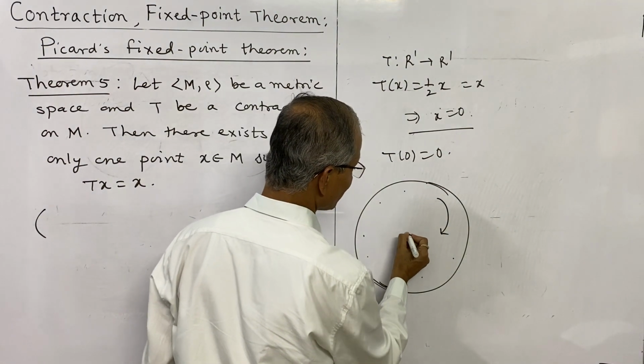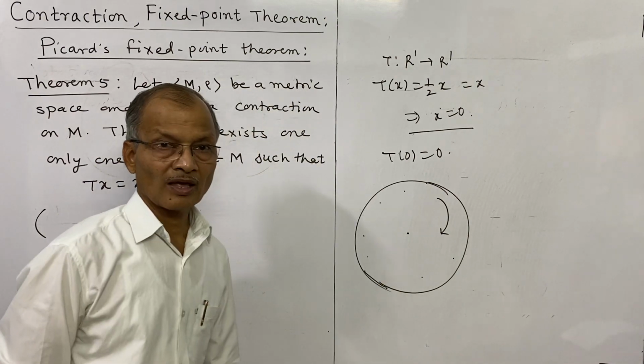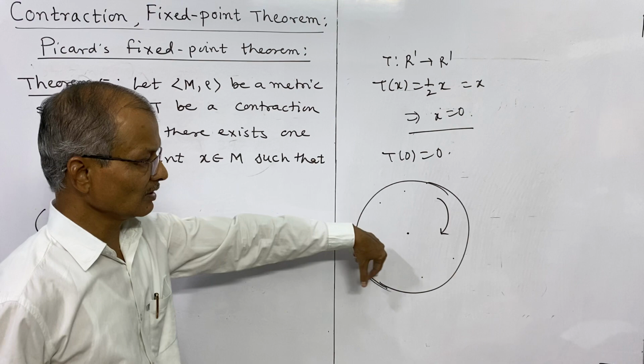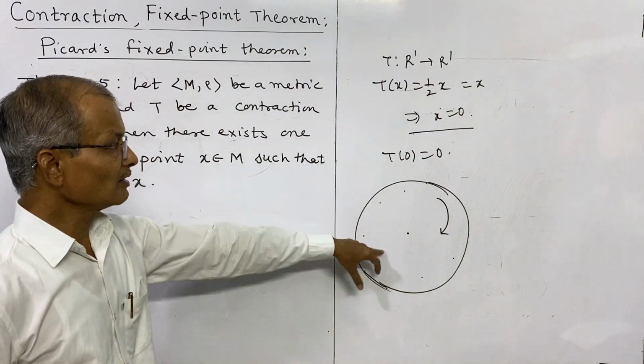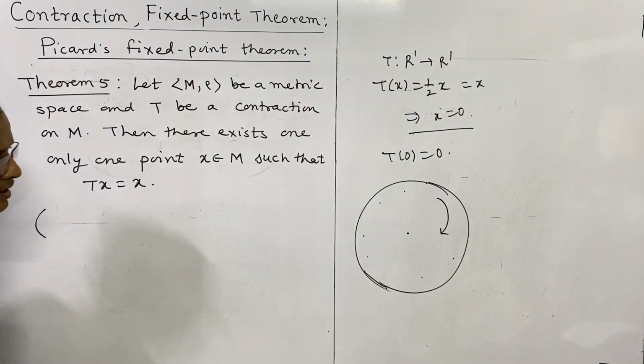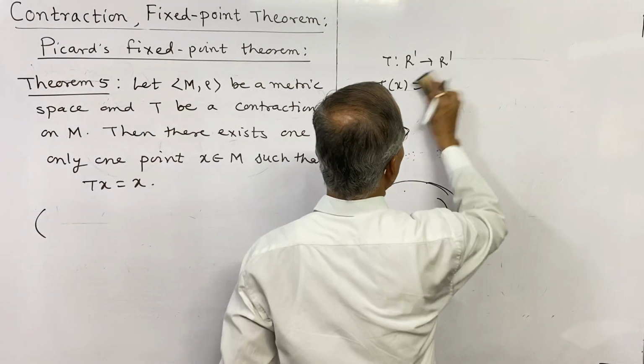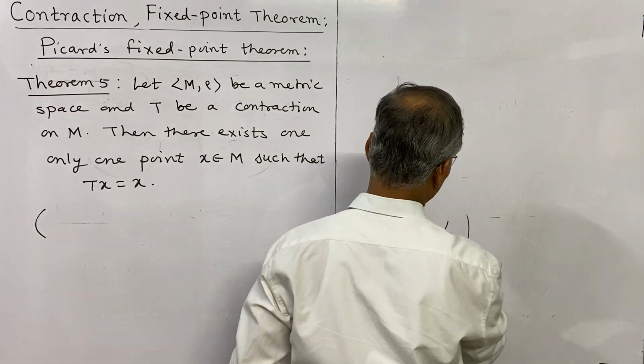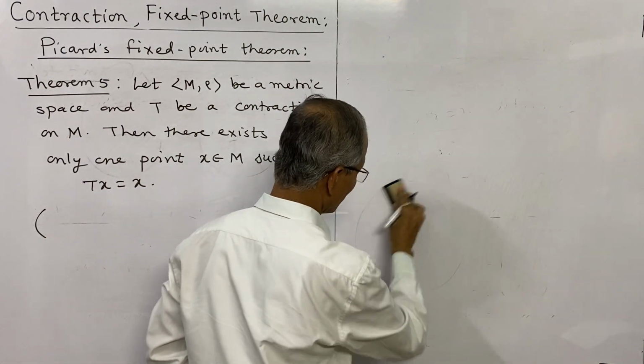So the center of this disc is a fixed point because the point does not move, all other points move in this sense, and this is a real example of a fixed point theorem. And such a fixed point is there in a contraction, and that point is only one. So this we have to prove.